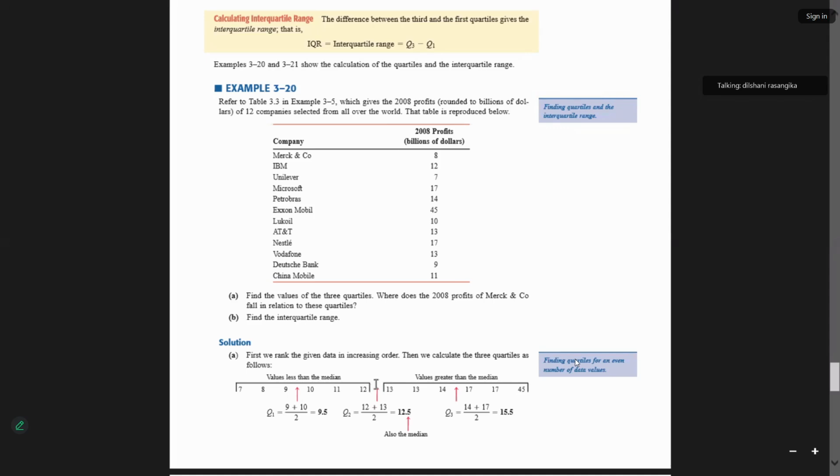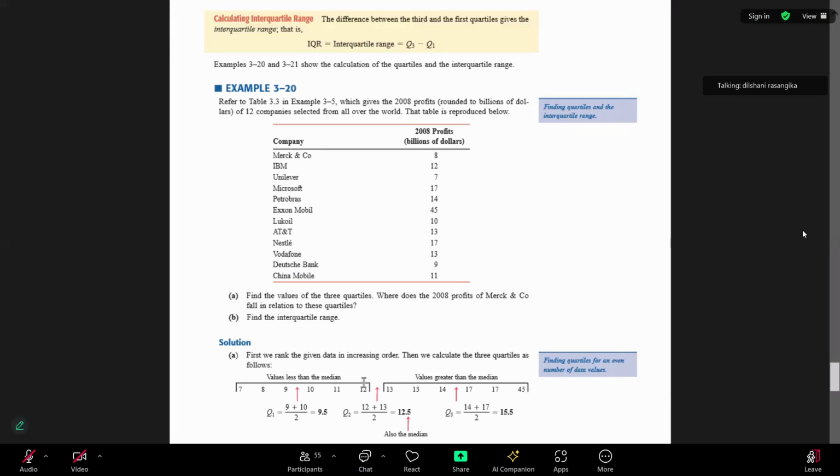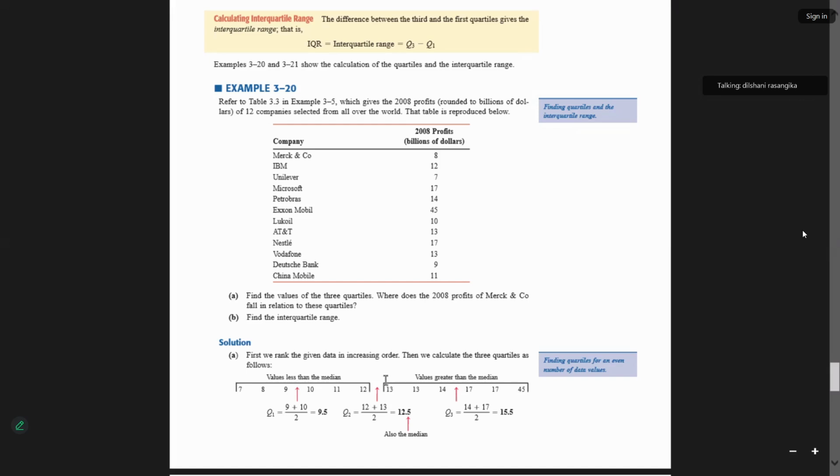That is the case we face with even numbers of data. Then what do we need to do? We need to find the middle value of this data and this data. That's why we find Q2 by taking the last value of the first portion and the first value of the second portion. Then we can have the middle value.